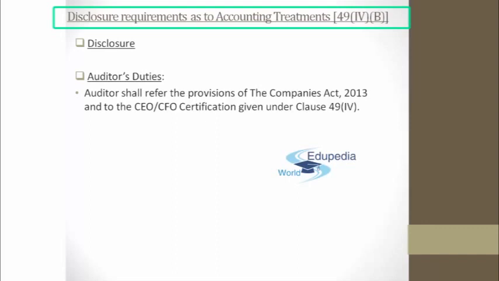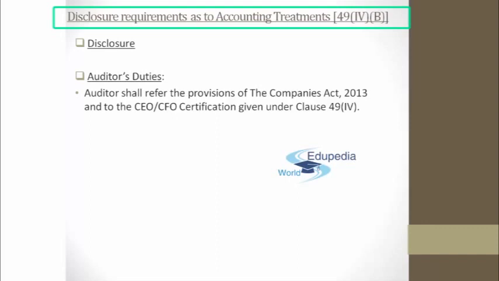So guys, in the preparation of the financial statements, where a treatment different from that prescribed in the accounting standard has been followed, then this fact shall be disclosed in the financial statements, together with the management's explanation as to why they believe that such alternative treatment is more representative of the true and fair view of the underlying business transaction.